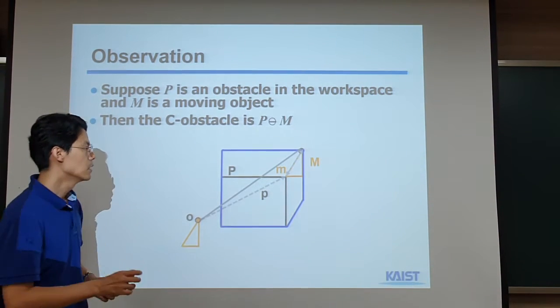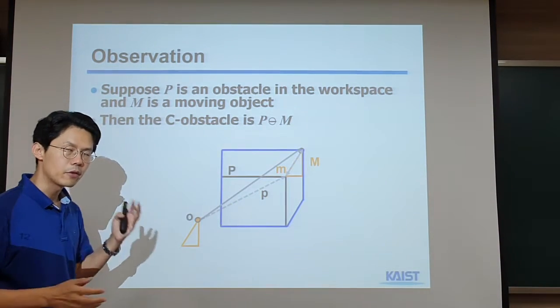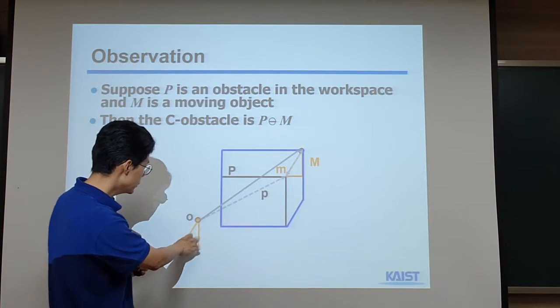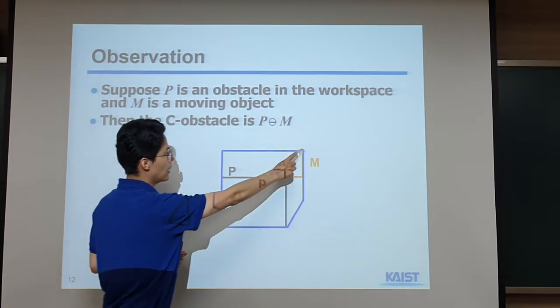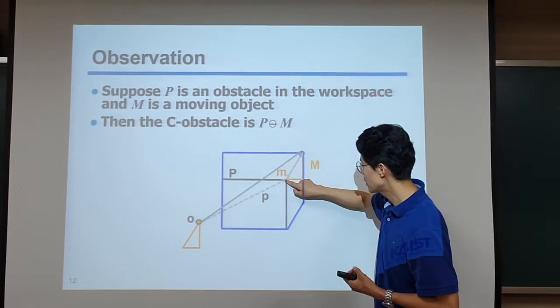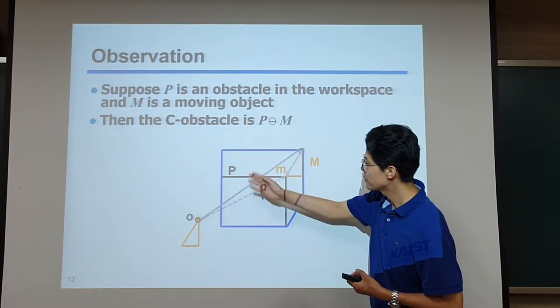As I mentioned before, these blue lines show the boundary of our C obstacle. If we put the reference point of the robot at this point, you can see that the robot is touching here. We have a collision between the robot M and this polygon P.